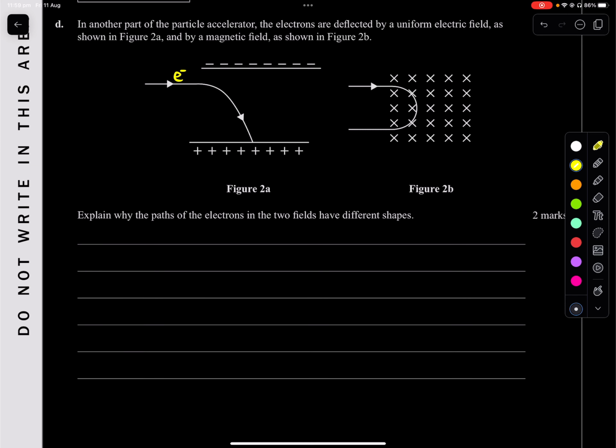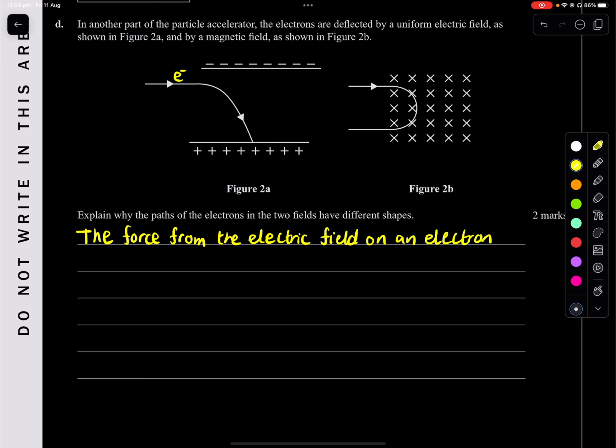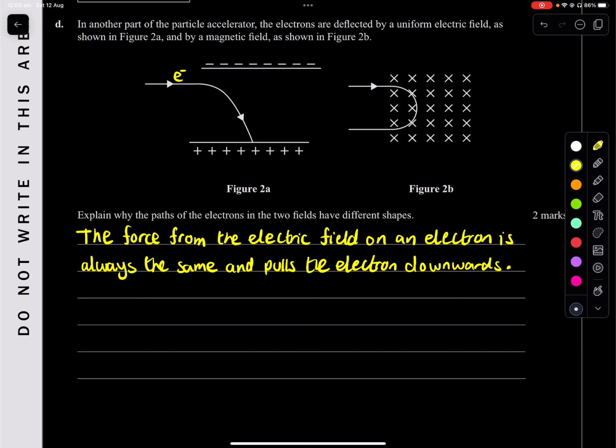Well, we can say the force from the electric field on an electron is always the same and pulls the electron downwards.